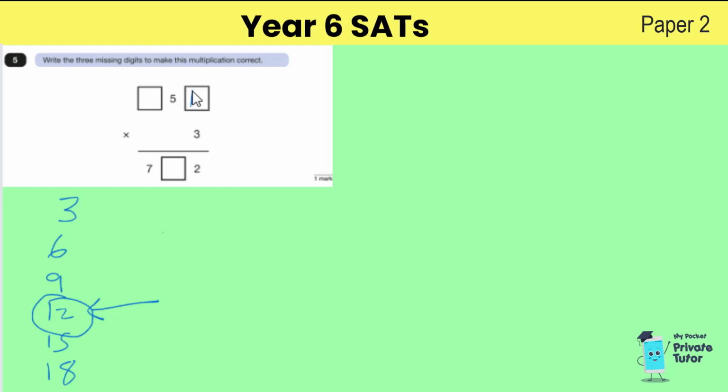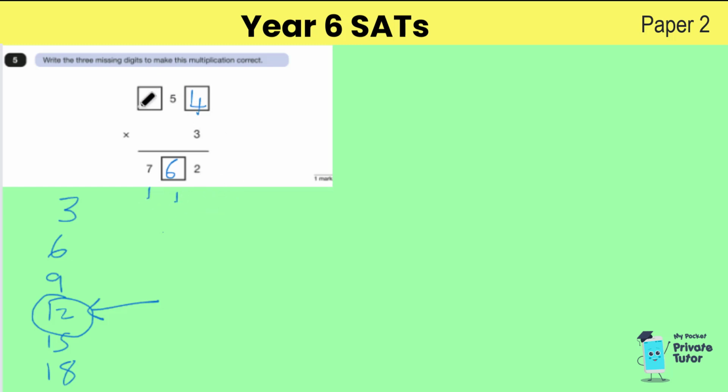So this must be 4 times 3, and then that means that this is 12. Now we know that this calculation is 5 times 3, which we know is 15, but because we know there's a 1 here, it's going to be 16.